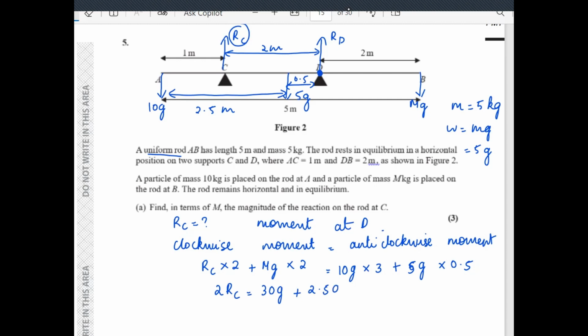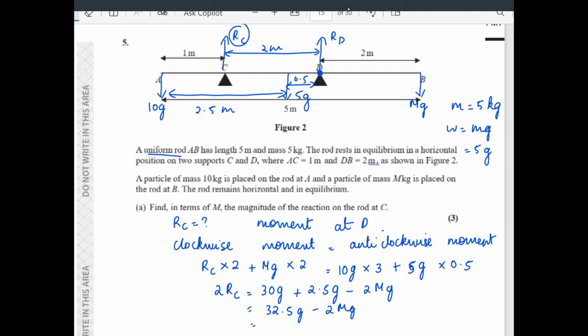that is 2.5g, minus 2mg. Now 30g plus 2.5g, we'll get 32.5g, minus 2mg. For 32.5g, we can take the g value as 9.8.